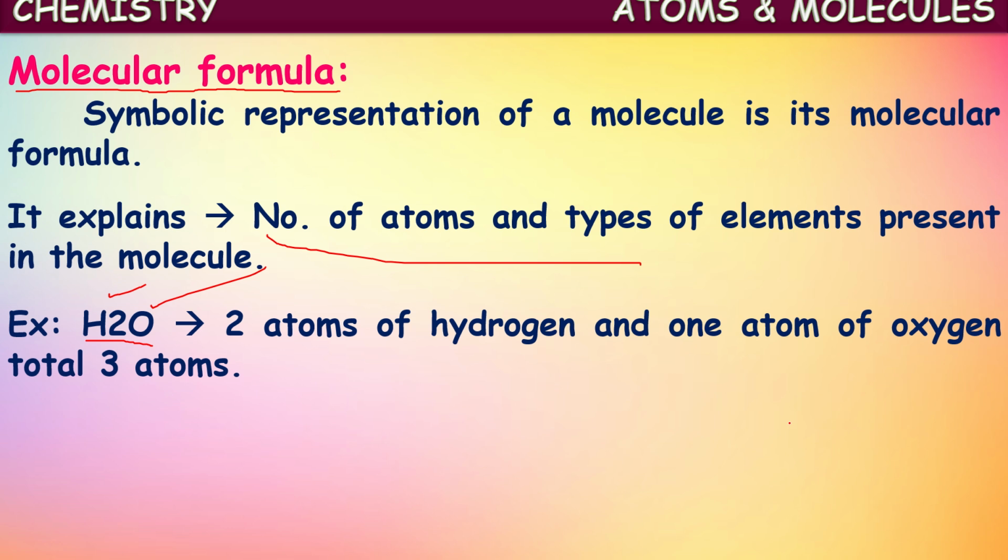All those calculations depend on these molecular formulas only. Okay, with the help of the symbols of elements and molecular formulas of compounds only, we are writing the chemical equations and doing the stoichiometric calculations.